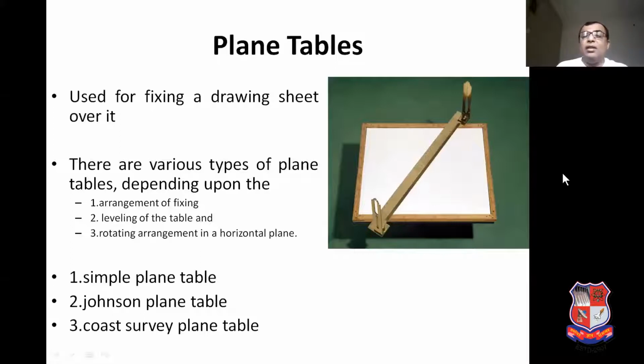There are various types of plane table depending upon the arrangement of the fixing, depending upon the leveling of the plane table, and depending upon the rotation of the plane table in the horizontal direction. So there are three types of plane table depending upon these three criteria.